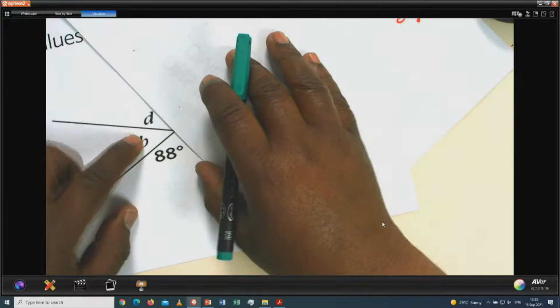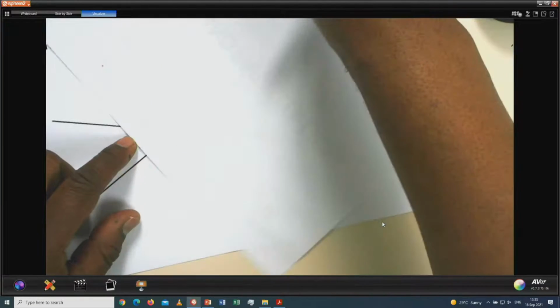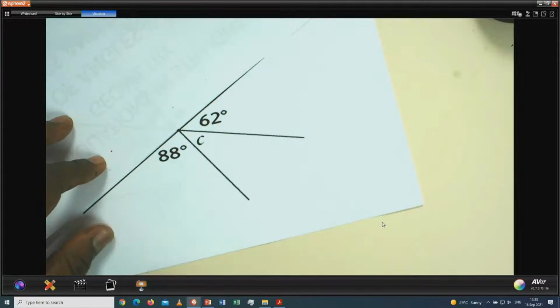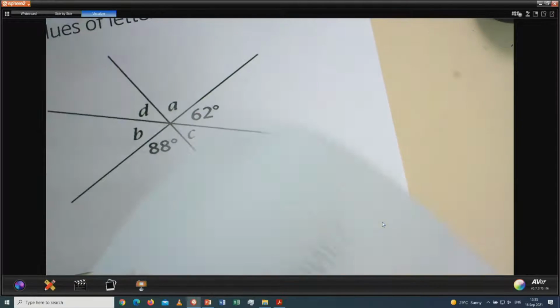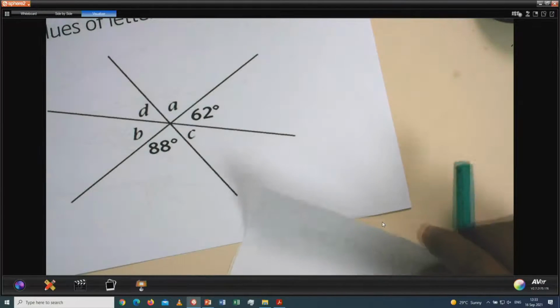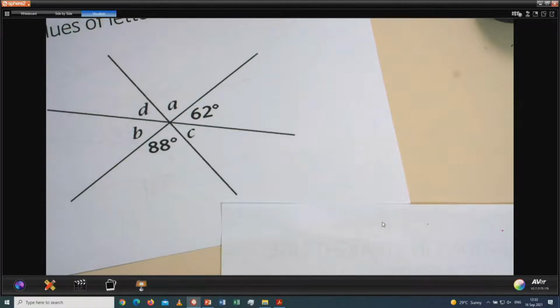We've got two unknowns, we cannot go anywhere. This one, yes, we've got one unknown and remember straight line, yes, we can deal with that one. But let's rather start with your vertically opposite angle. Identify your vertically opposite.